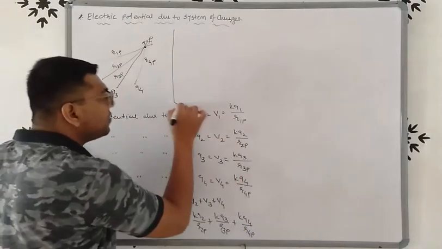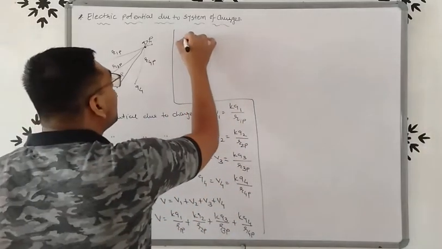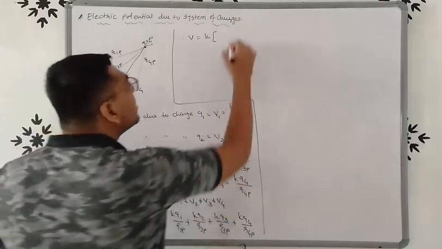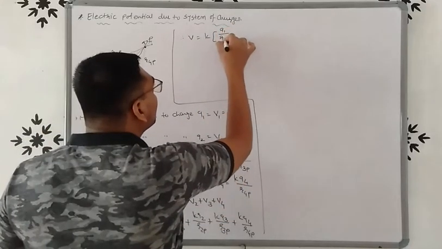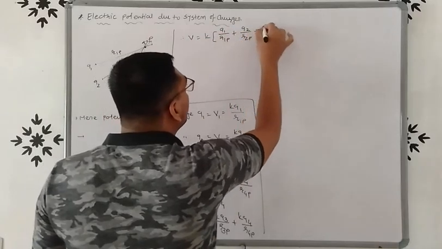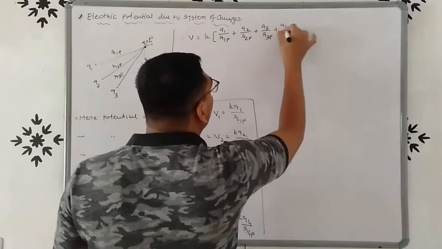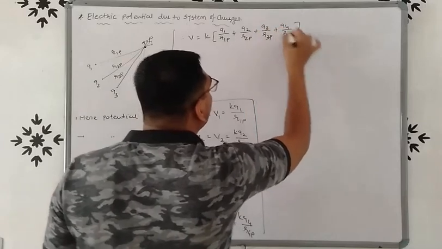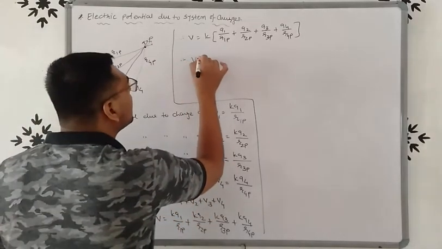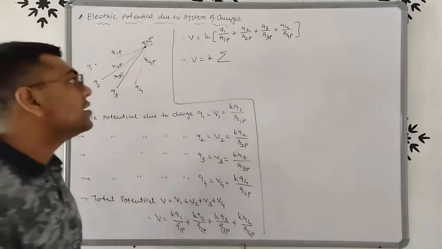Friends, here we take K common. So the total potential at point P, V is equal to K times Q1 upon R1P plus Q2 upon R2P plus Q3 upon R3P plus Q4 upon R4P.